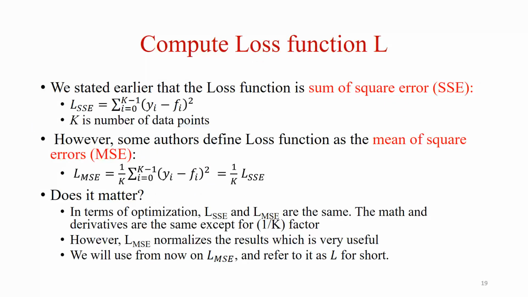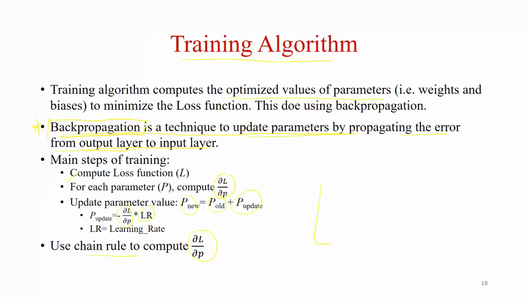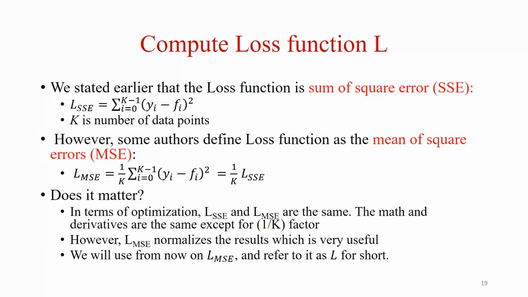Now, a key point of all of this is the loss function. So far, we have used the loss function as the sum of square errors, which we used in fitting a line in linear regression. But some authors in machine learning like to use the mean square error, where if you have k points, you divide the loss function by k.